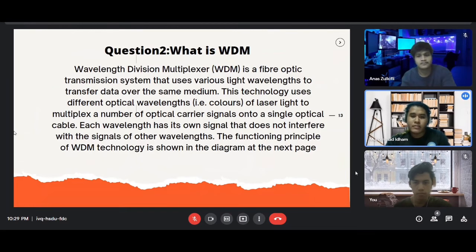As an example, they use colors of a laser light to multiplex a number of optical carrier signals on a single optical cable. Each wavelength has its own signal that does not interfere with the signal of other wavelengths. The working principle of WDM technology is shown in the diagram on the next page.